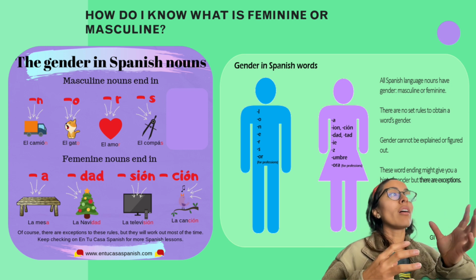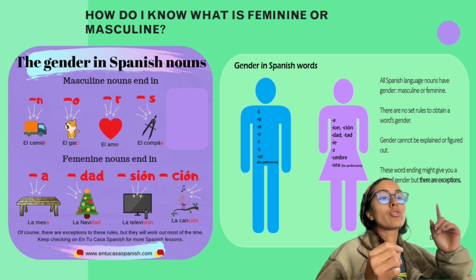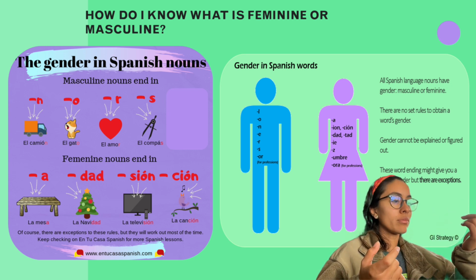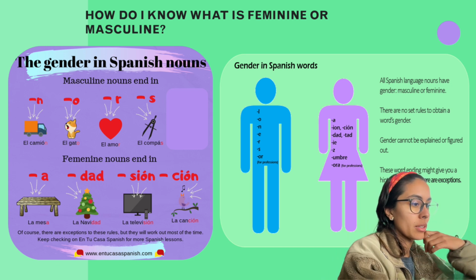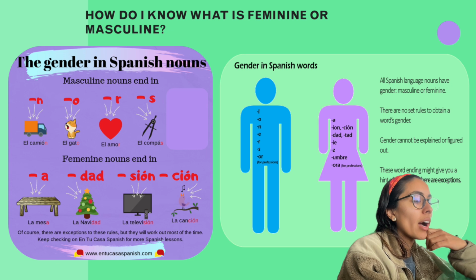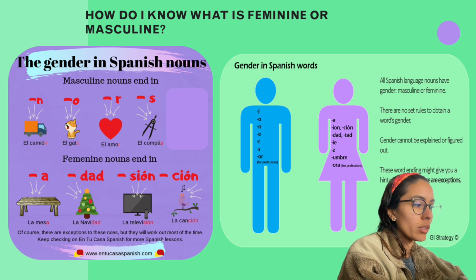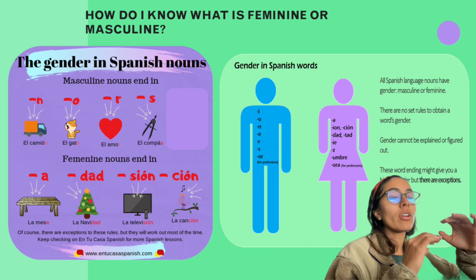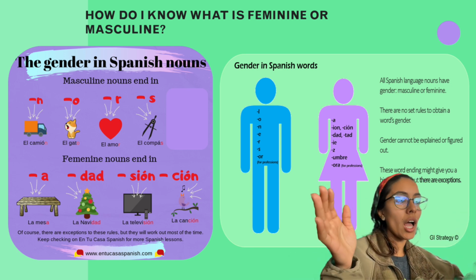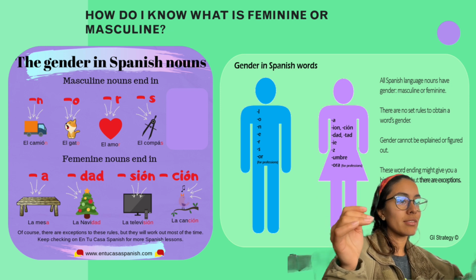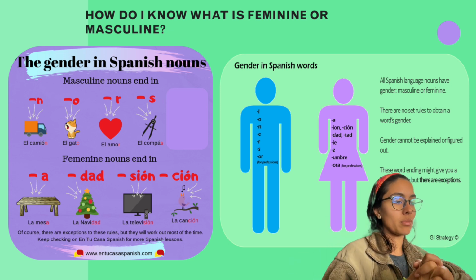And then you have the tree, el árbol. Well, it's not in these examples. Let's use one example from the screen. Sorry. So you have the very first one, which is camión. Camión, it's camión and that's it. There's no camiona. So that could be one example.